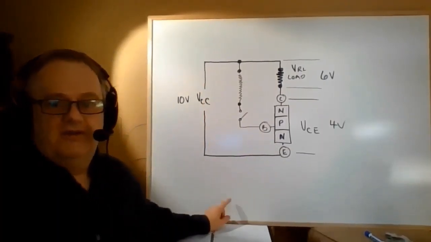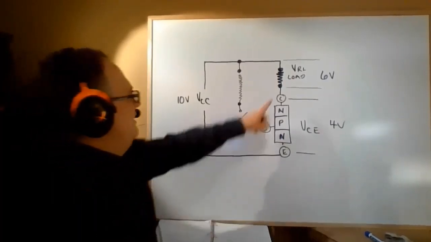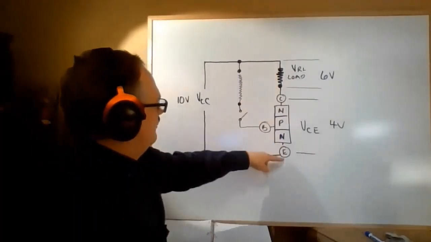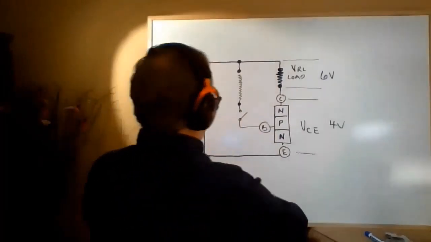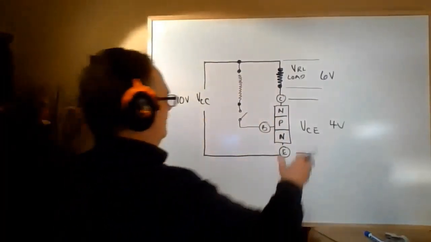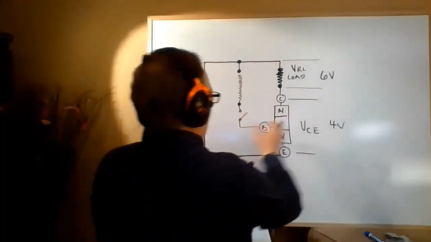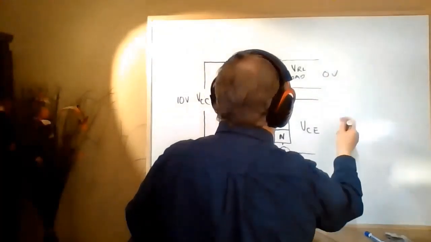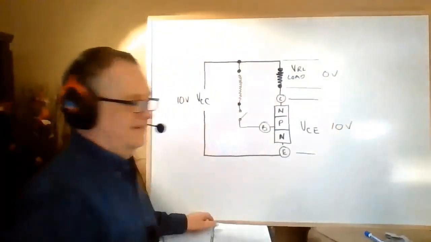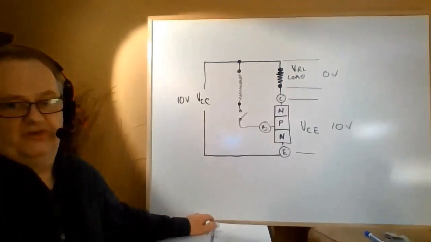And so in the cutoff state, all we have is whatever's going on over here. And by the way, when it's cut off, I'm going to alter these values just so you can see it. When it's cut off, this would actually be 0 volts, and this would be 10 volts. That's cut off. That's our cutoff position.